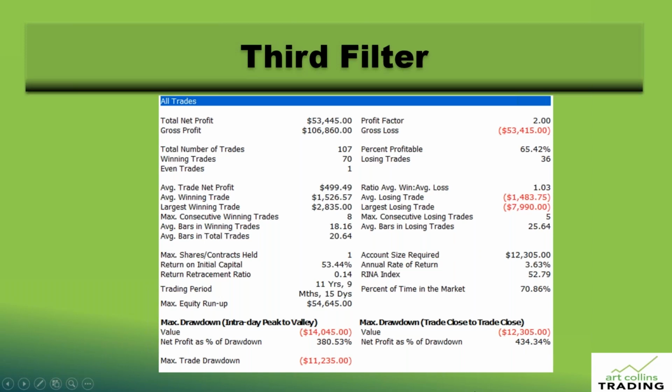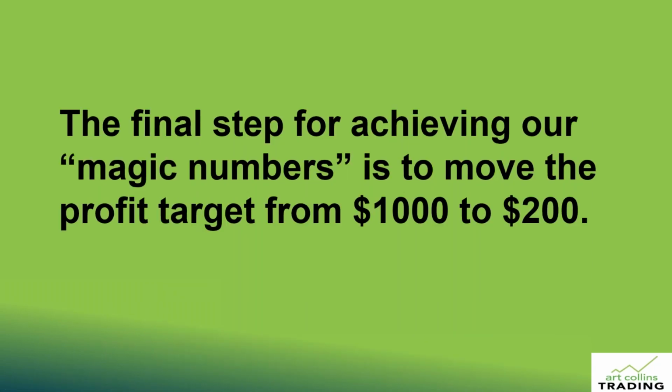All right. But how did we get those ultimate figures? That 96% with only the 6 losers. Very simple. We're going to take that $1,000 profit target and we're going to move it down to $200. This is a very frequent technique used by vendors that want to show you a high percentage profitability.